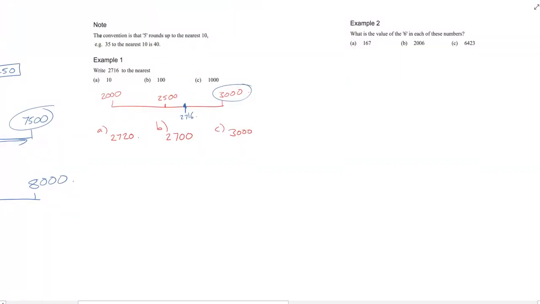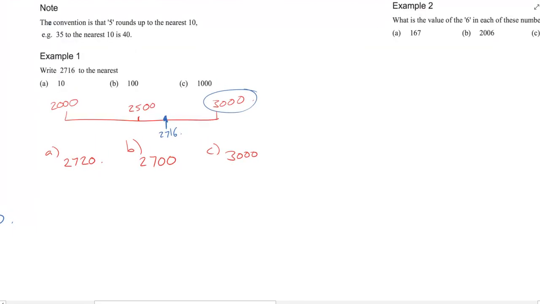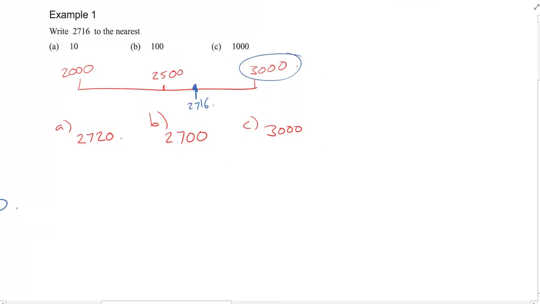Now then, let's see if we can do that again, but this time a little bit quicker and without having to draw a diagram. So let's make up another example, shall we? Our next example, let's have 8,254. So let's round to the nearest 10.